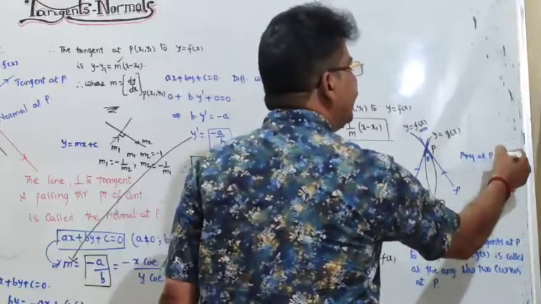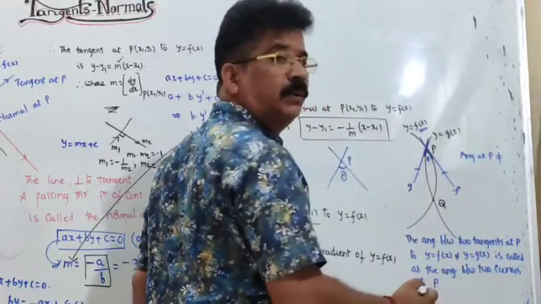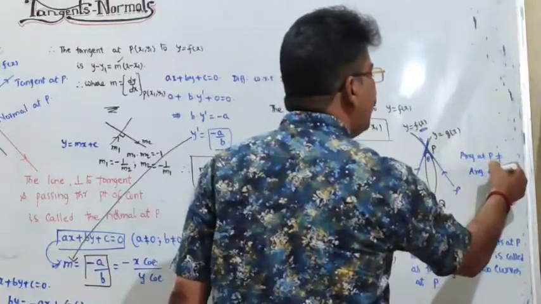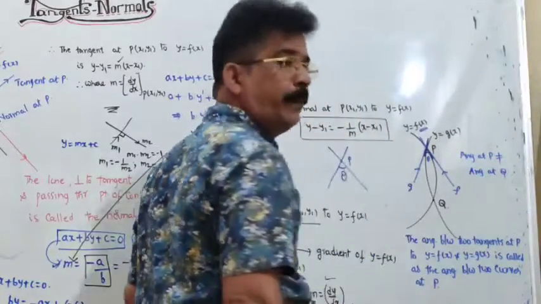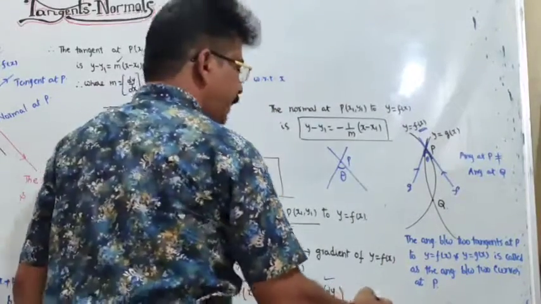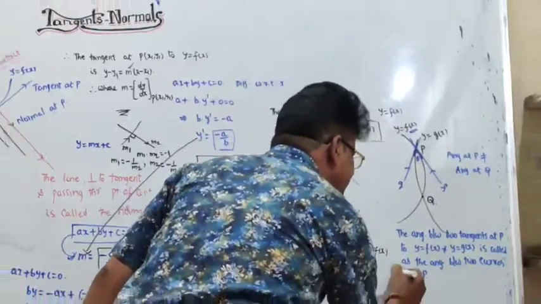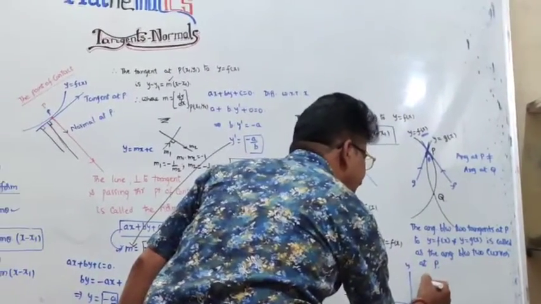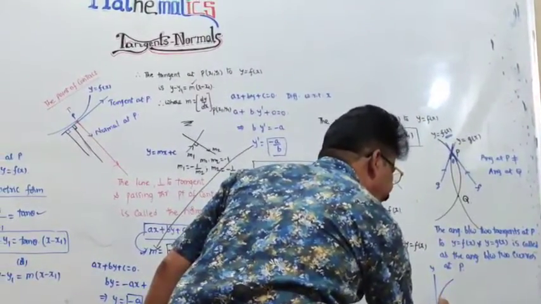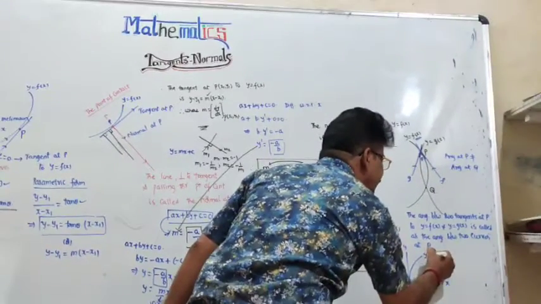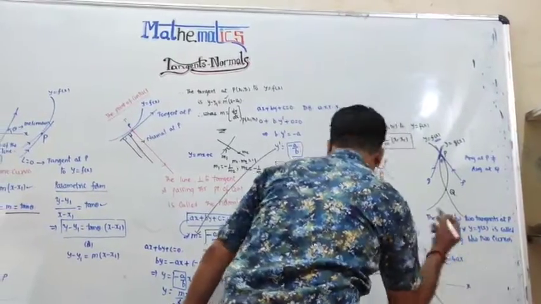at capital P may not be the same as the angle at capital Q. For example, let us take two parabolas. This is the x-axis, this is the y-axis. This is the parabola y square is equal to 4ax.